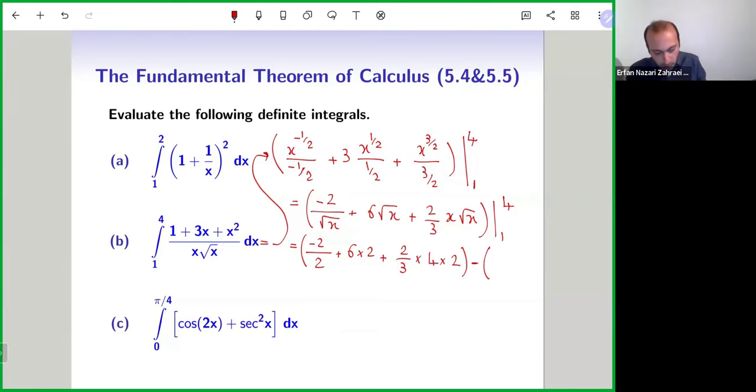When you plug in 1, you get negative 2 plus 6 plus 2 over 3. Okay, then I have minus 1 plus 12, and this term it's 16 over 3.